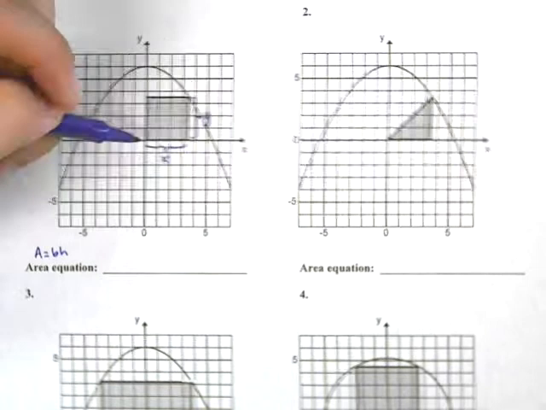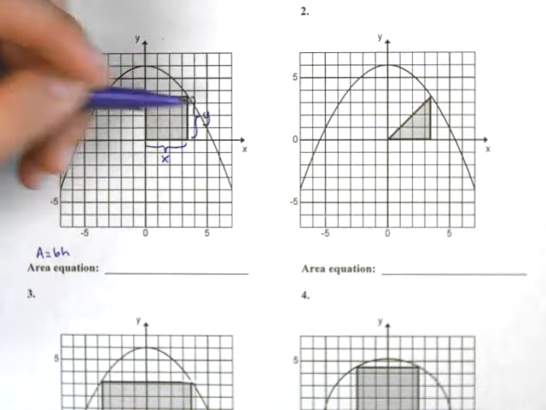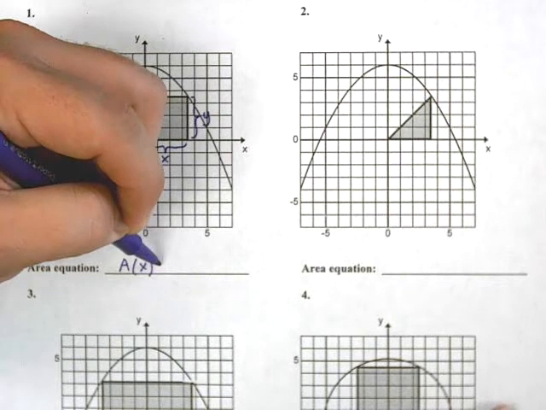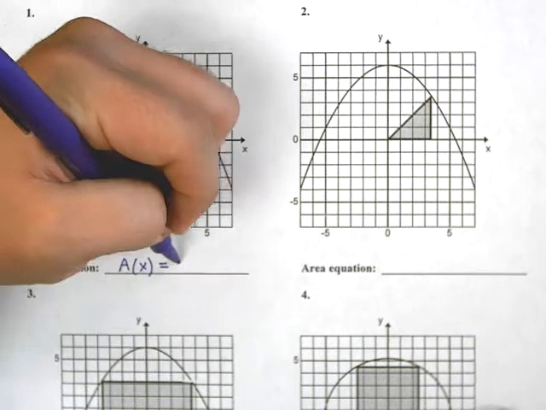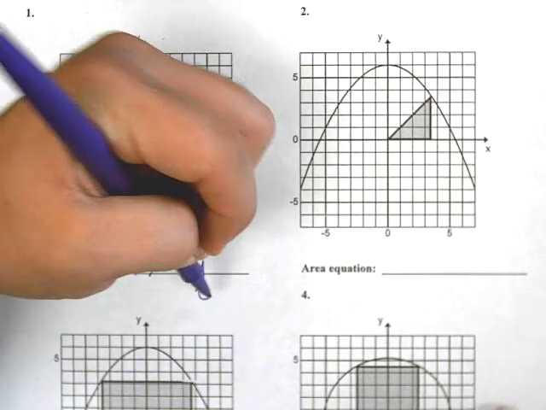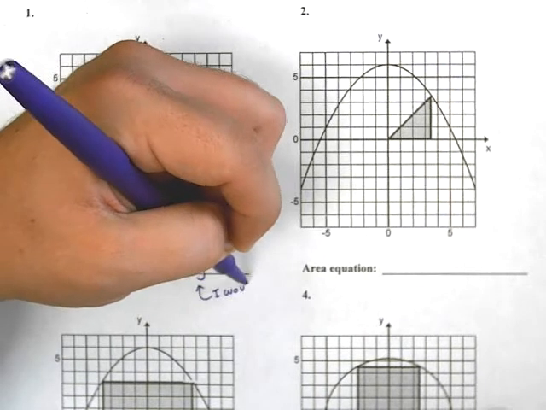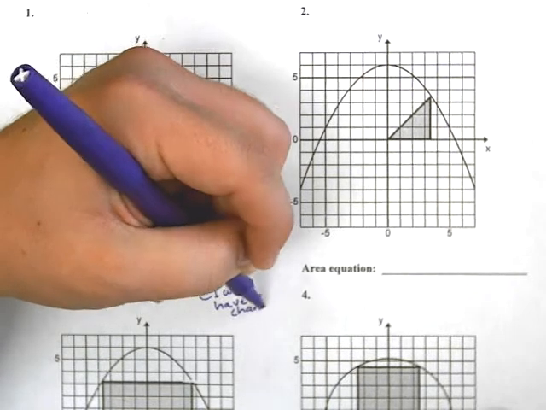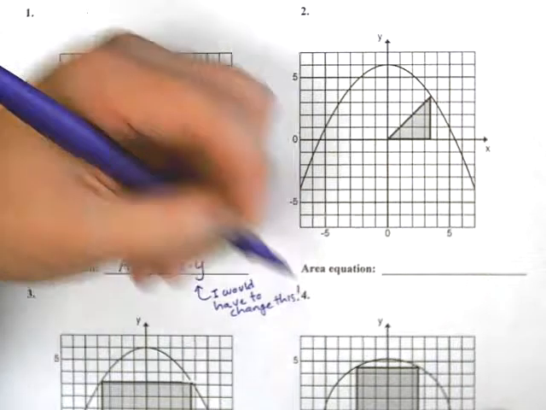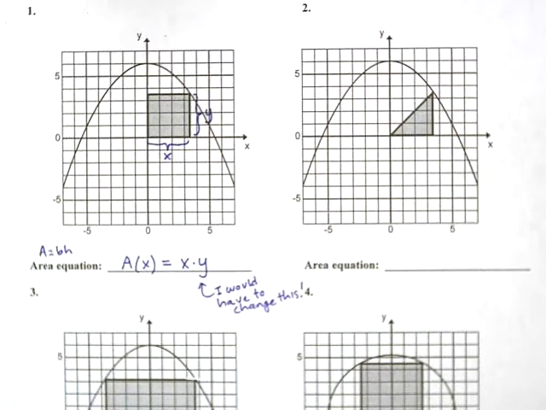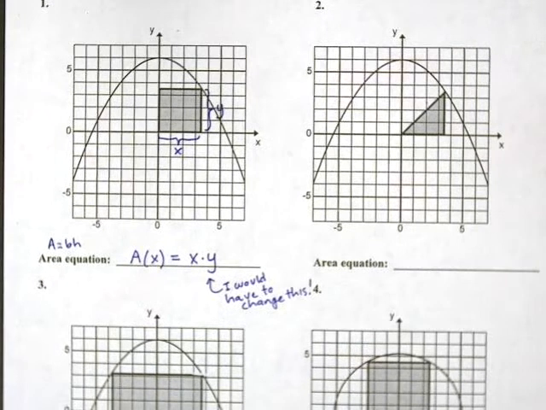So A of x is equal to x times y. But I can't change that right now because I don't know my specific equation for y.